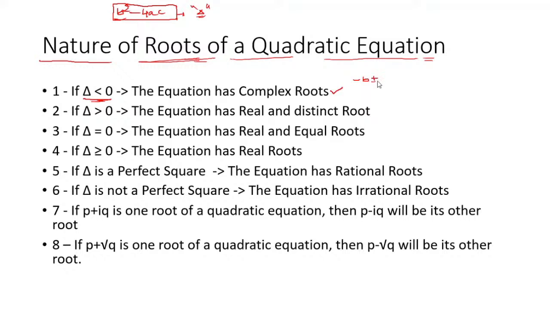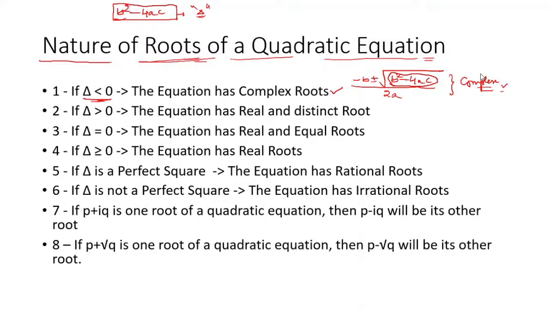If b square minus 4ac is negative, then root of a negative number is a complex number, and so the two roots will be complex.